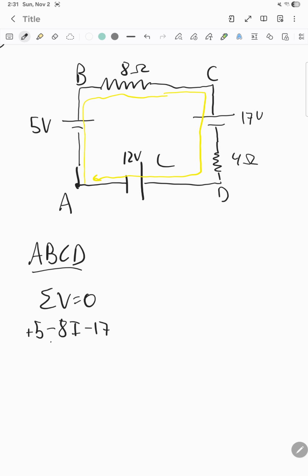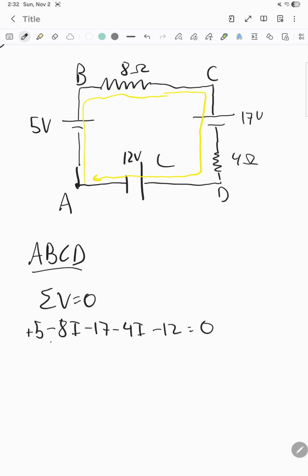And then minus 4I, because again, this is Ohm's law for both, right? So you have V is equal to IR, and we're simply trying to find the voltage here, so doing IR. Minus IR, and then minus 12 again, because you're going plus to minus, which is equal to 0.